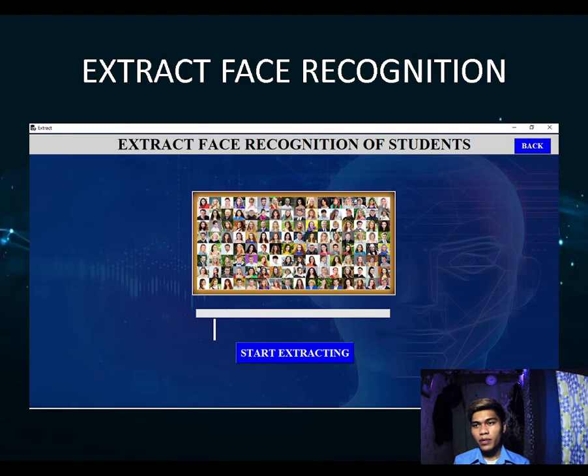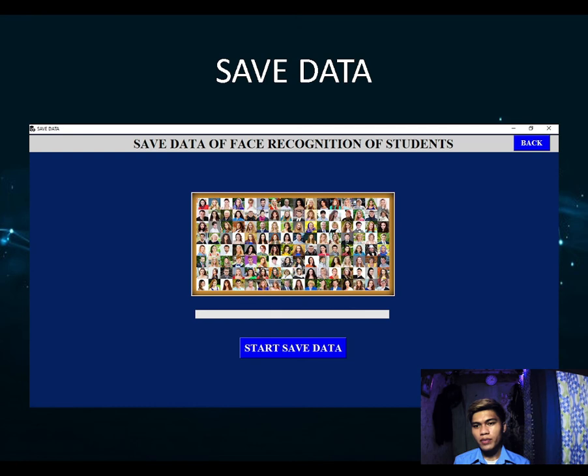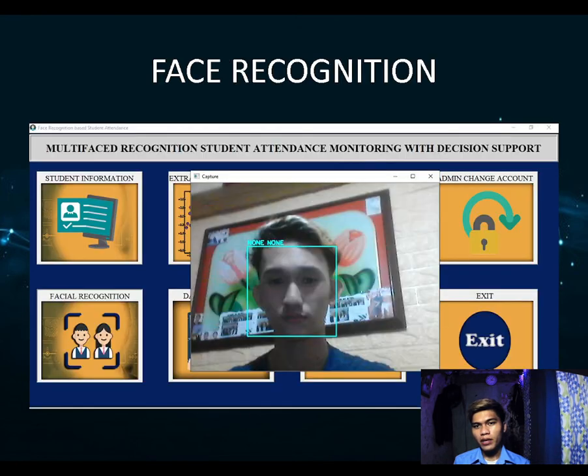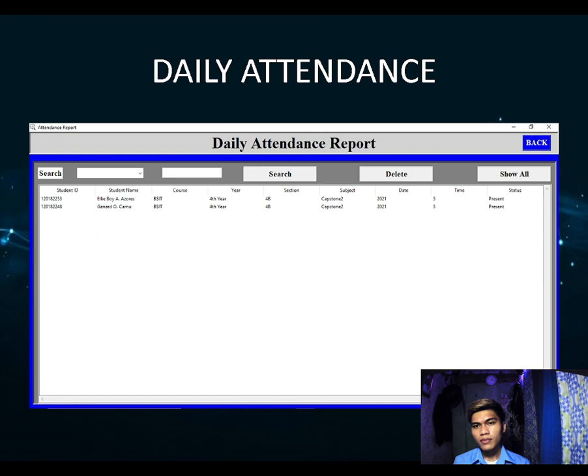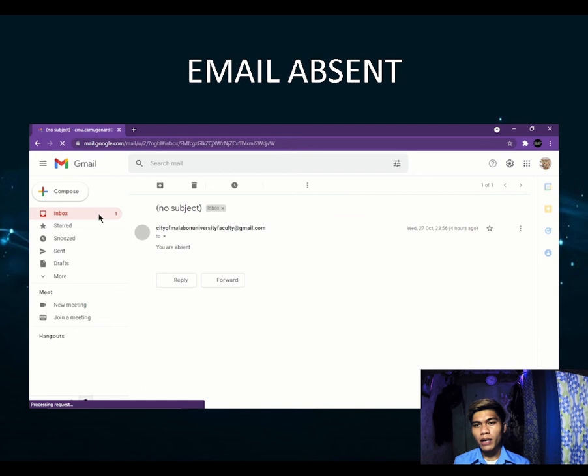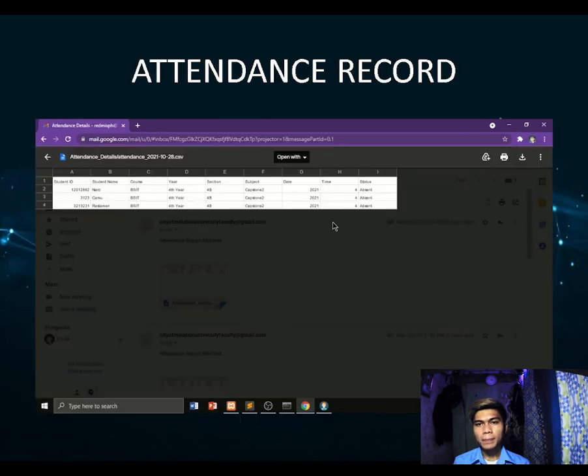Next is extract face recognition, which extracts the data of students from the local database. Save data. Next, for the face recognition, this is our design for facial recognition of students taking their attendance. Daily attendance report and email for absent. And the last is the attendance record.